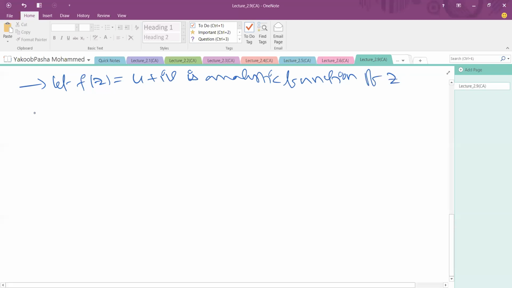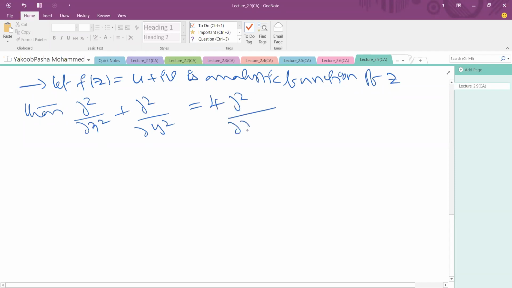Then we have a result here. It is an important result, and problems are asked on this result. Del square by del x square plus del square by del y square is equal to 4 times del square by del z del z bar.